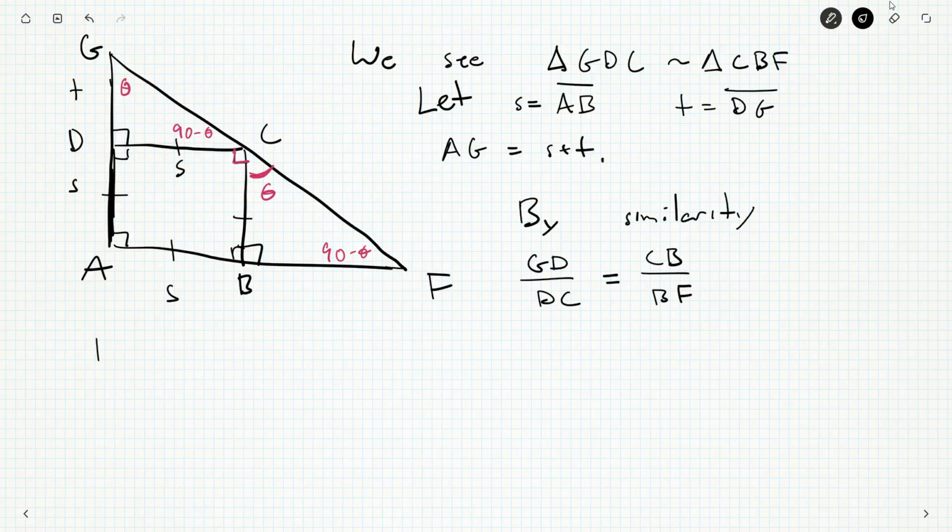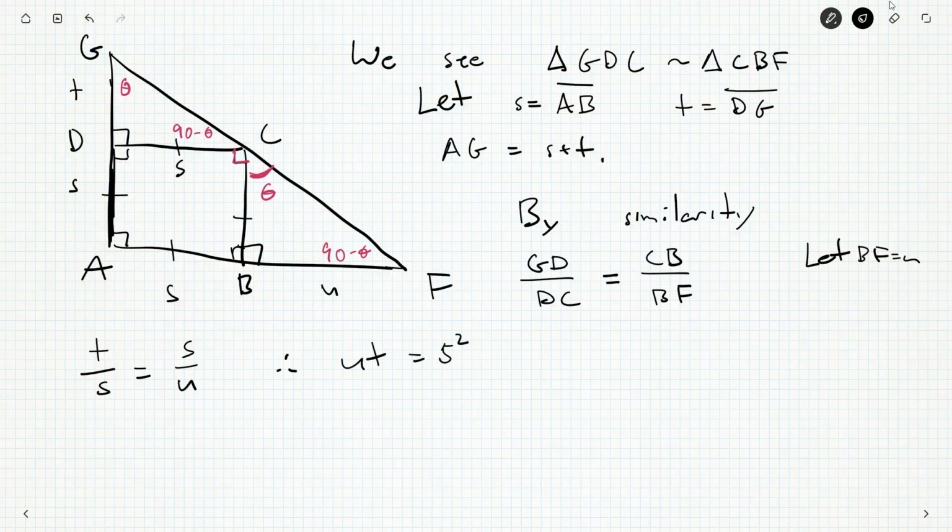But that's T over S is equal to S over, let's call this U. So UT is S squared, or rather, U is equal to S squared over T. Okay, but then 1 over AB is 1 over S. Now I have everything just in terms of S and T.